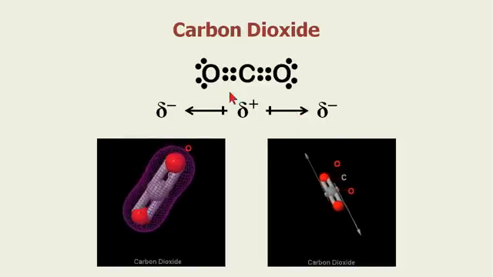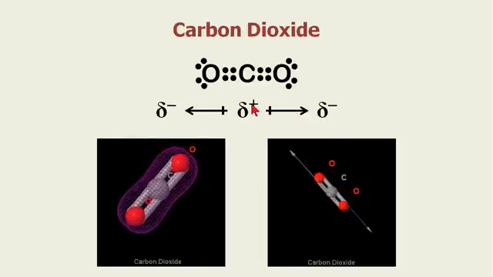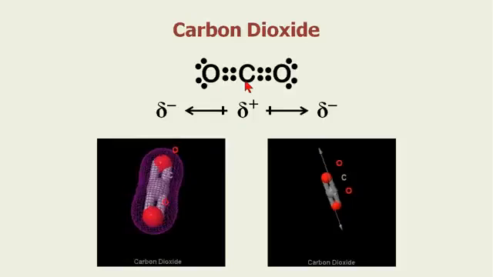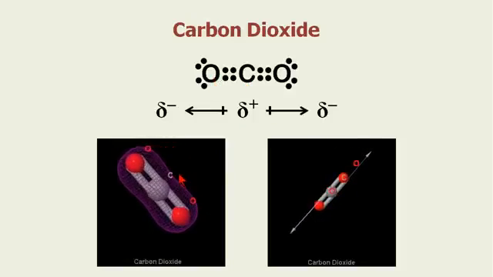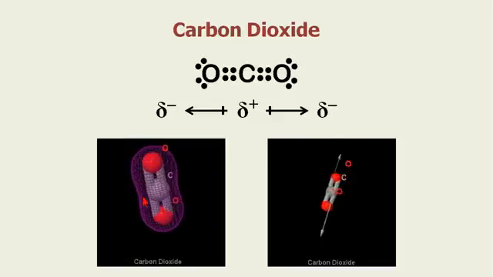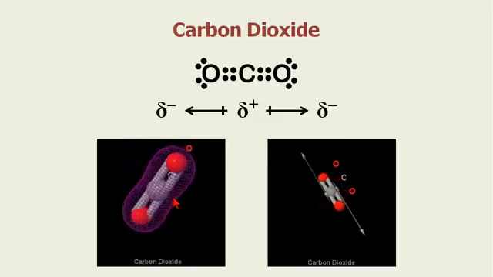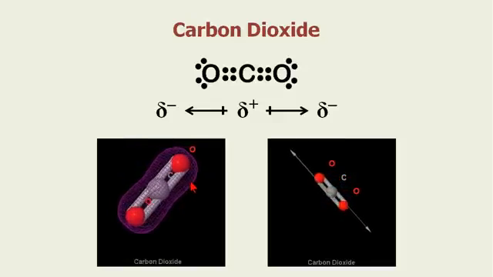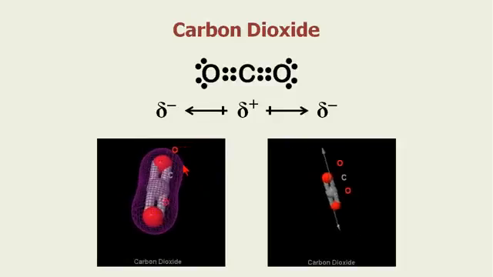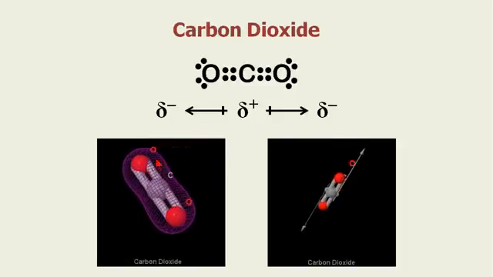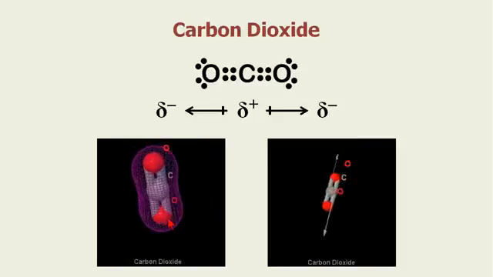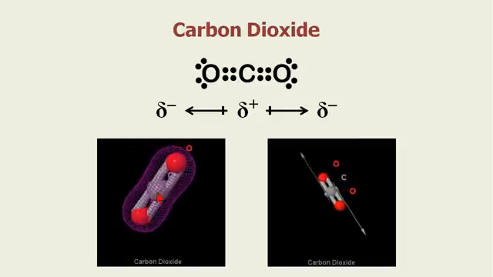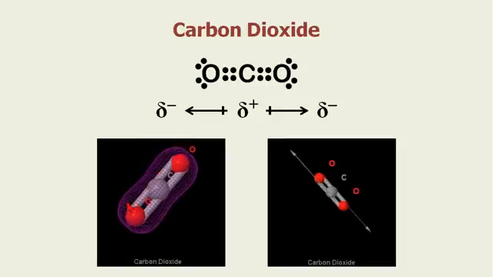So you can look at it as a linear molecule with carbon in the middle and oxygen, which is more electronegative, on each end. When you look at this diagram on the left, the electrons spend more time zooming around the oxygen side on either end than in the middle with the carbon, and you see it's a slight hourglass.